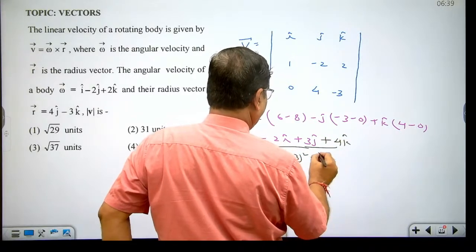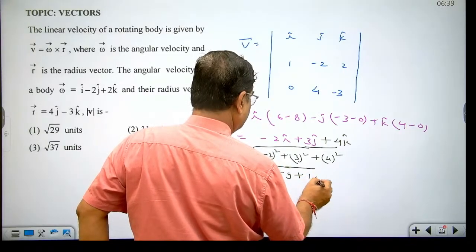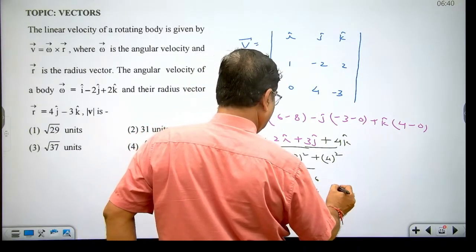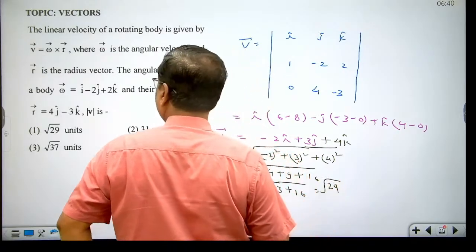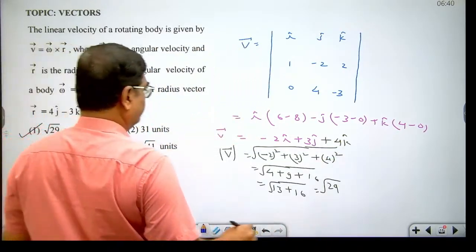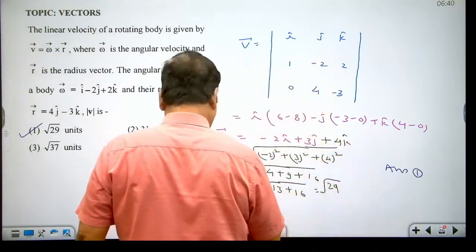So if 4k cap is also there, this is 4 square, then this is 16. So this will be under root 29. So out of 4 choices, the correct choice is option 1. Option 1 is the correct answer.